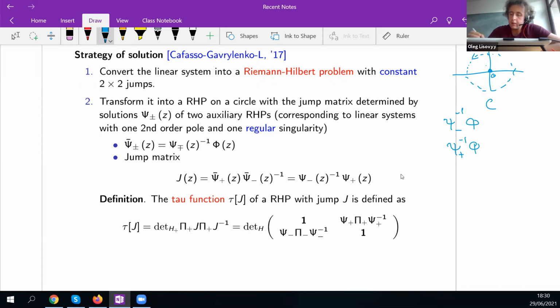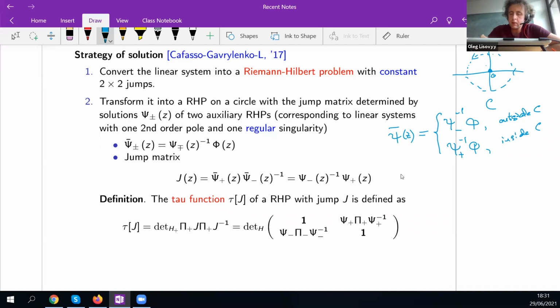Now, you see, if from these two auxiliary solutions we cook up a matrix that I denote psi bar of z, then this will be the expression of this psi bar outside of our circle. This will be its expression inside the circle.